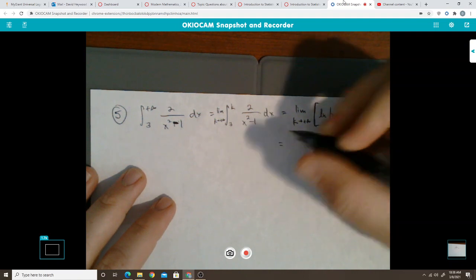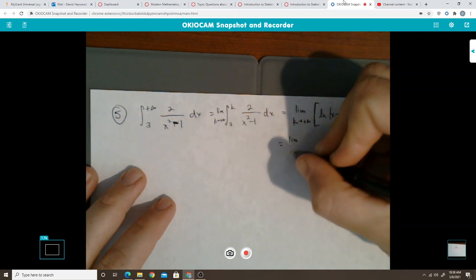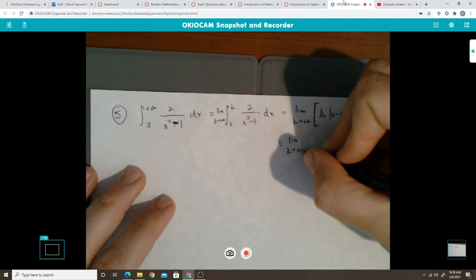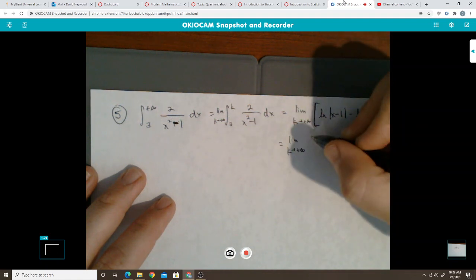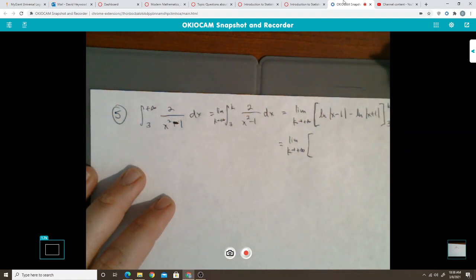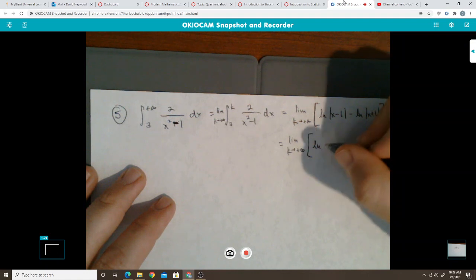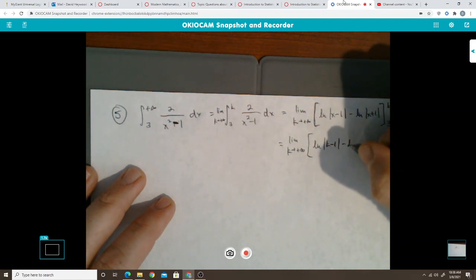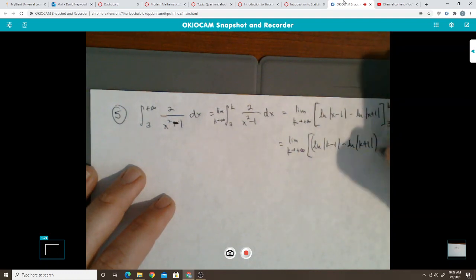So this is going to be the limit as k goes to positive infinity of ln of k minus 1 minus ln of k plus 1. So it's that minus, if we pop in the 3, it's going to be ln of 2 minus ln of 4.